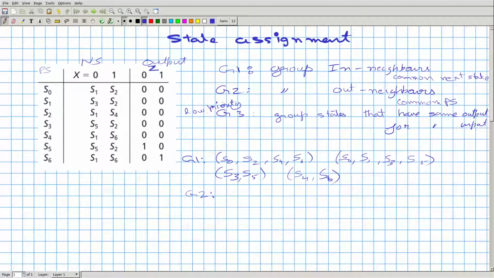So we start with common present state for S0, S1 and S2 must be grouped, and S3, S2 must be grouped, and S1, S4 must be grouped, and S5, S2 must be grouped.